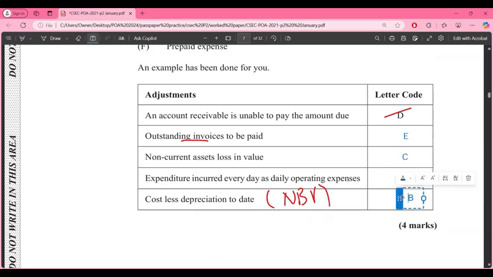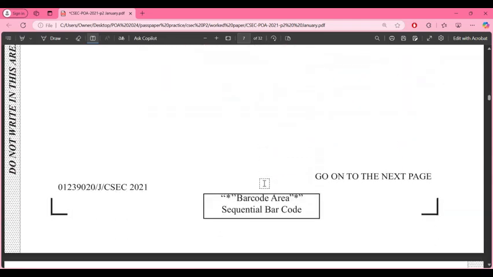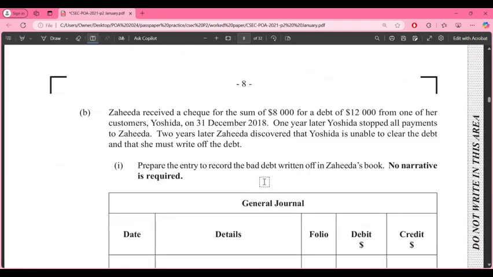Of course, try to make everything in line for presentation. So if this was the exam and you're writing, you just ensure that everything is written and legible for the examiner to mark your paper. So it says Zaida received a check for a sum of $8,000 from a debtor.